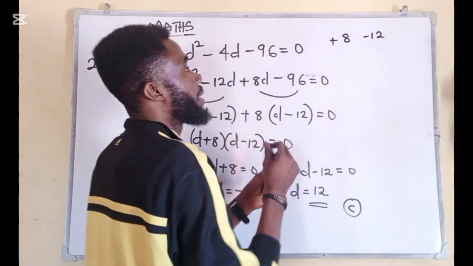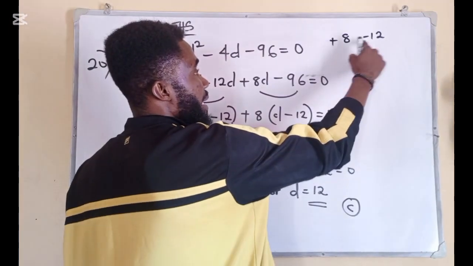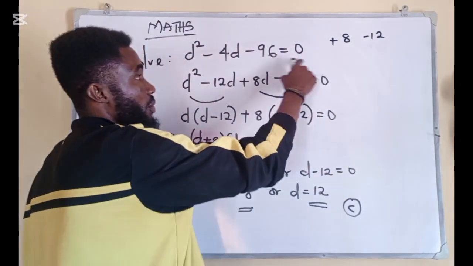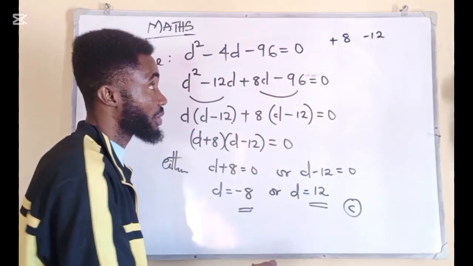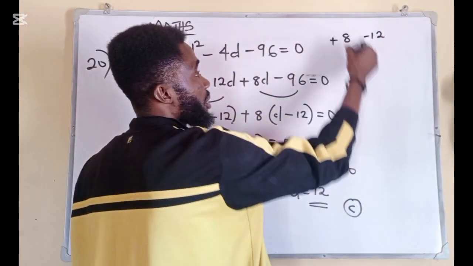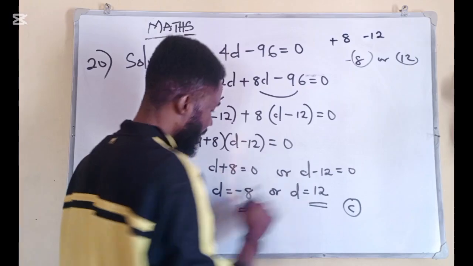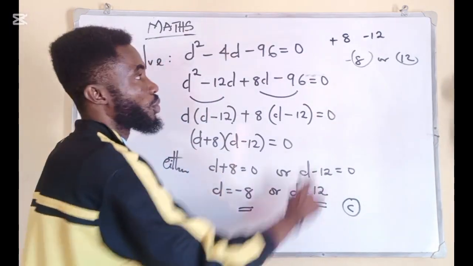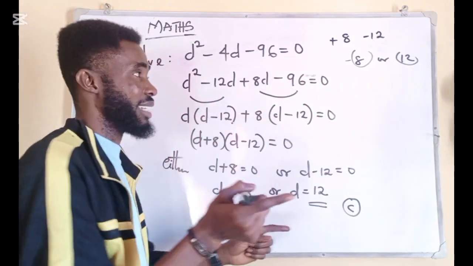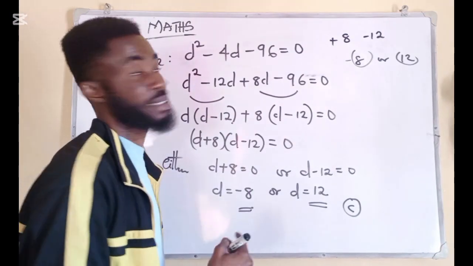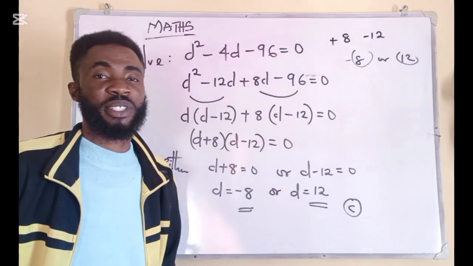As soon as we have positive 8 and negative 12, and it's an equation, they will cross over at the end of the equation, so you just change your sign. Here becomes negative 8 or positive 12. So once you get those two factors, you just change the signs and check for the answer. You will get that. So guys, I hope this question was well explained.